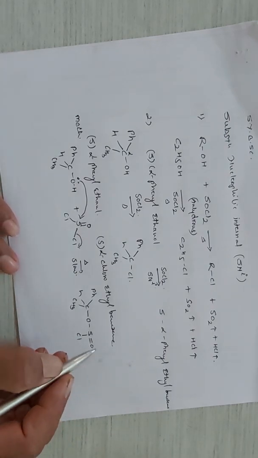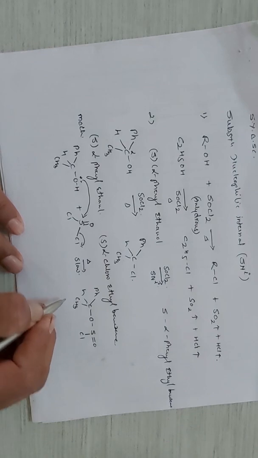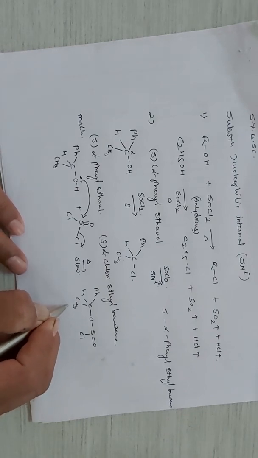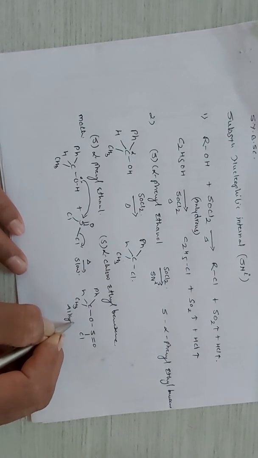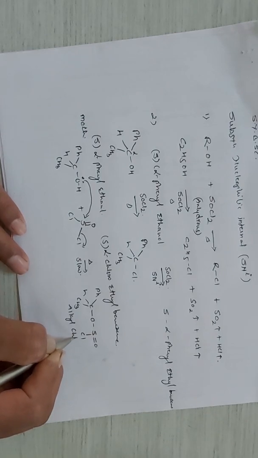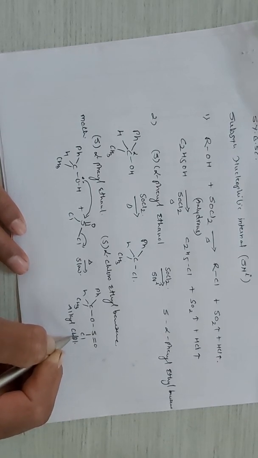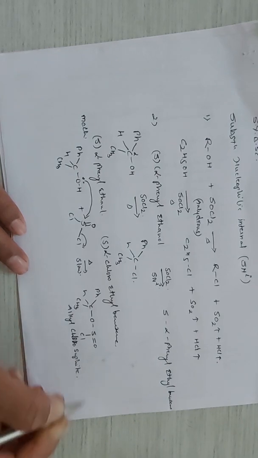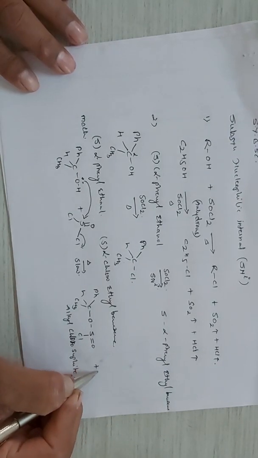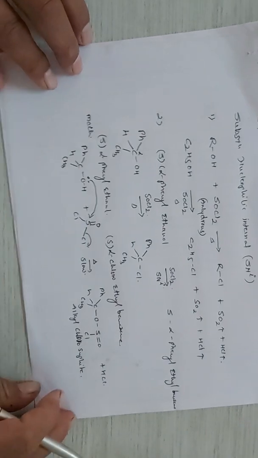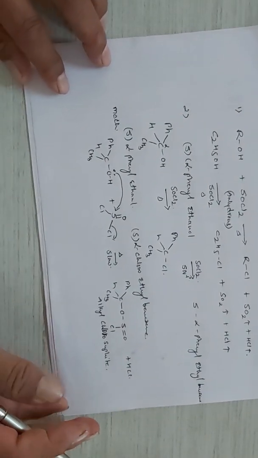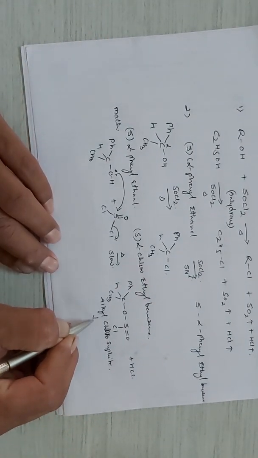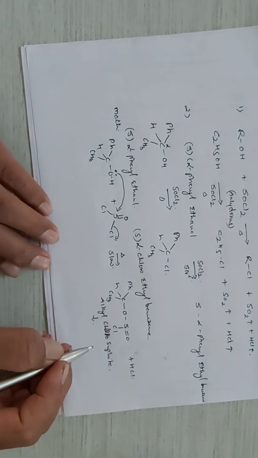Now, this is the alkyl chlorosulfite that is obtained. This alkyl chlorosulfite gives you the formation of an intimate ion pair.